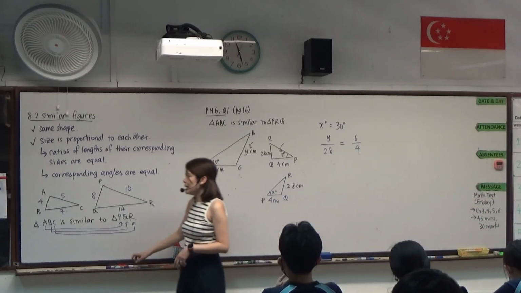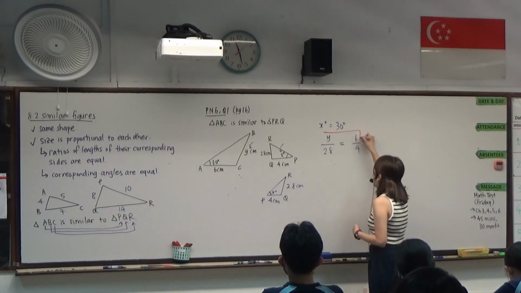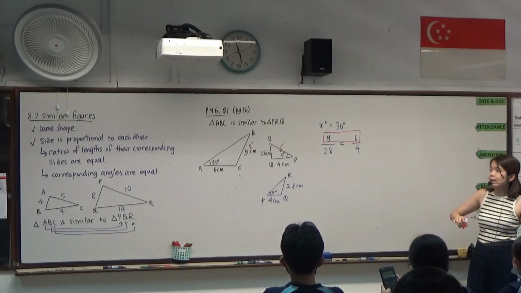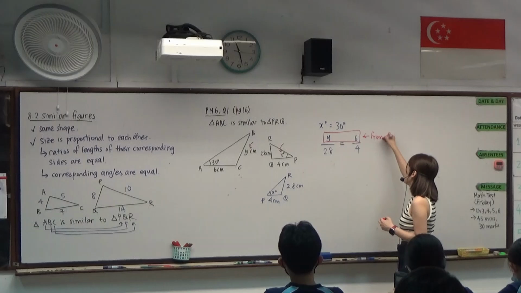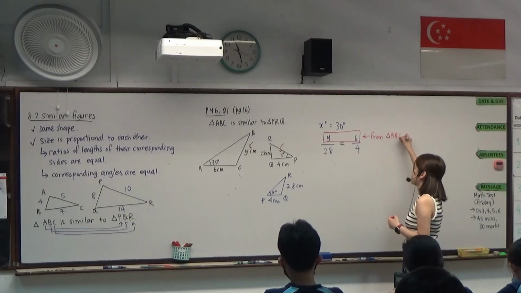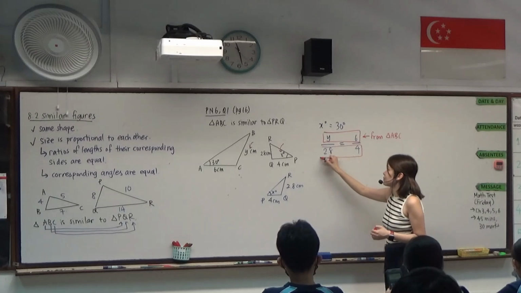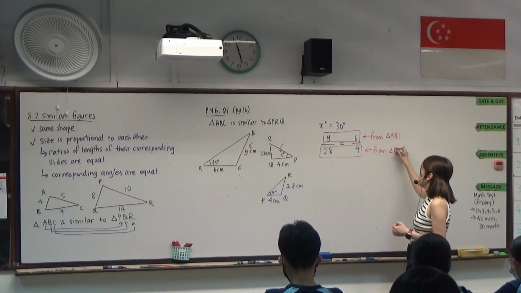Something I want us to pay attention to is that Y and 6, the things in the numerator, are from the same triangle ABC. And the things in the denominator are also from the same triangle, PQR.